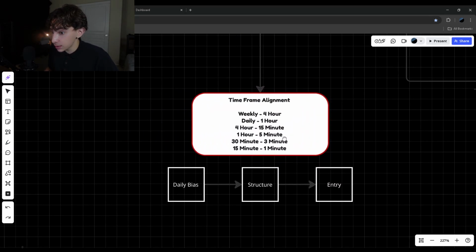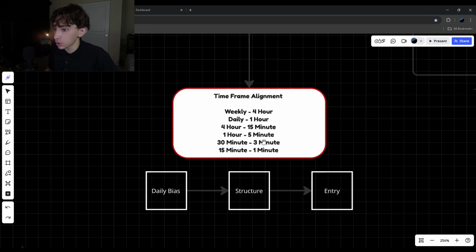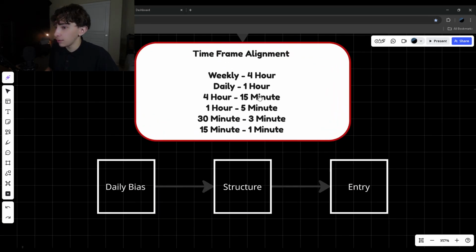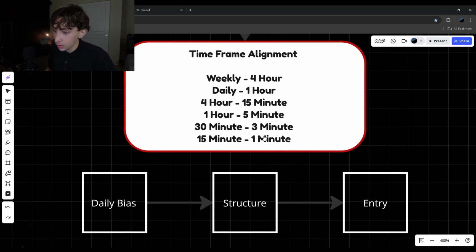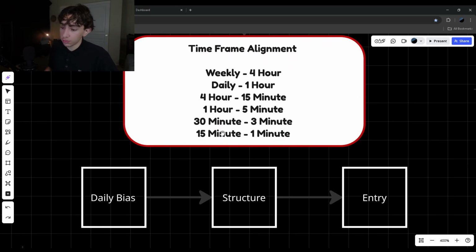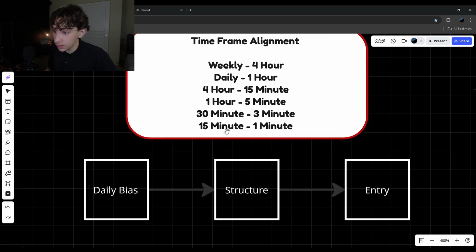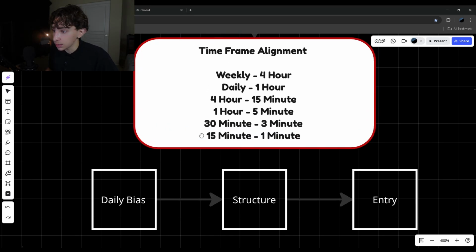Now, if you want to have a good entry, then you want to find all your structure, like all your fair value gaps, on the 15 minute, maybe on the 5 minute if you're trading on the 1 hour, and then all your market structure should be on the 15 minute, 1 hour, and then your daily bias is rejection off liquidity.